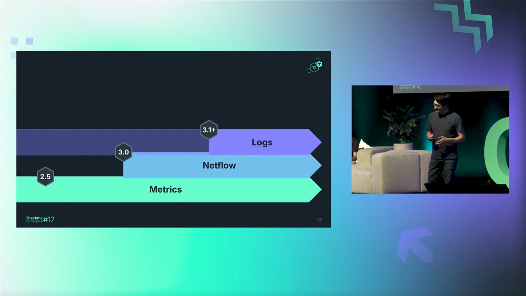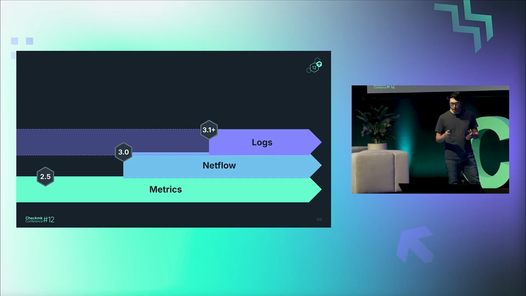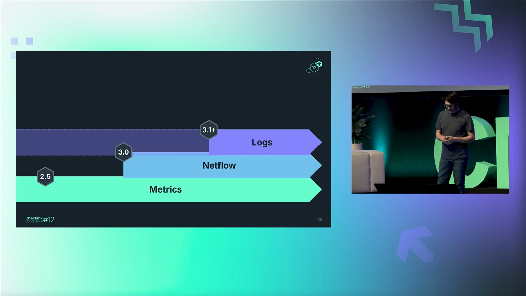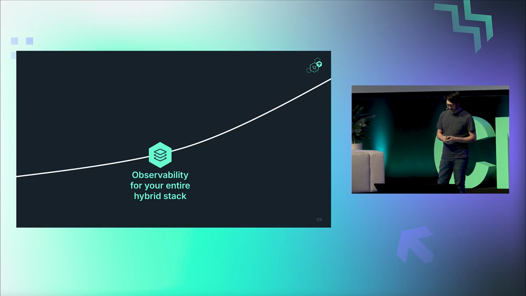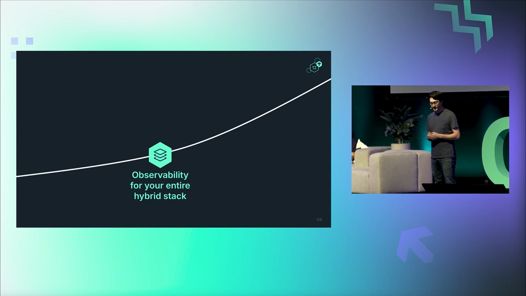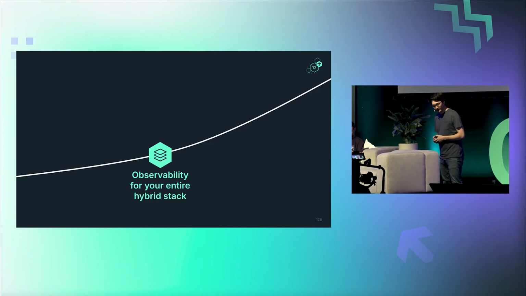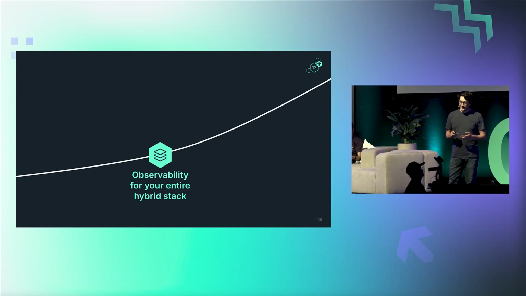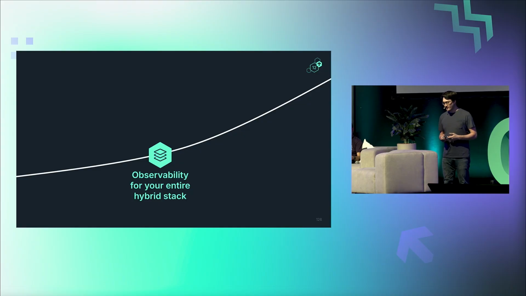And with that, Checkmk has all the data. Checkmk can then correlate all these signals for a complete view of your IT. So this is our concrete path forward. It's a path to full stack observability for your entire hybrid stack. And it's observability as we believe it should be: deep, robust, open, and sustainable.